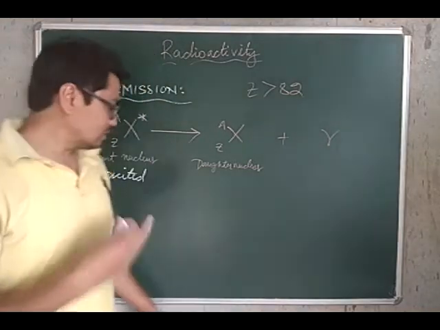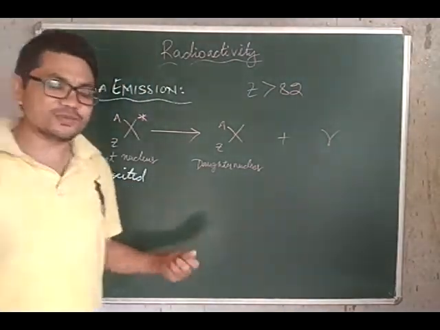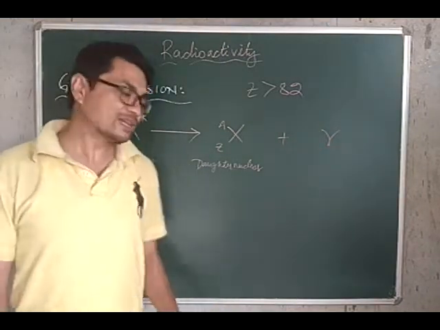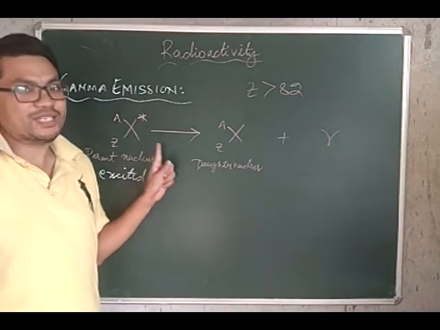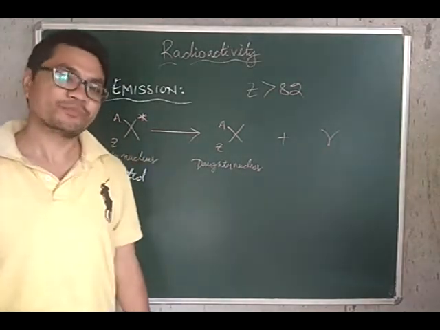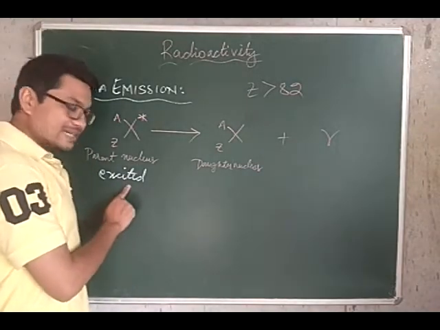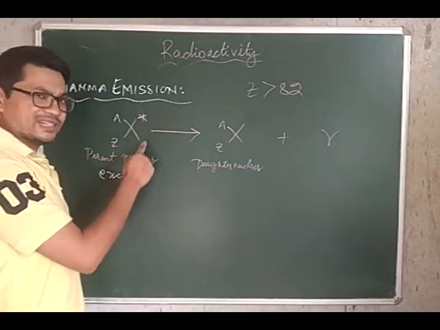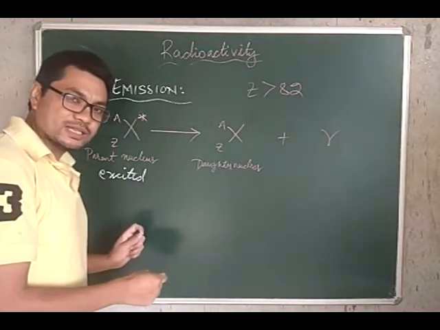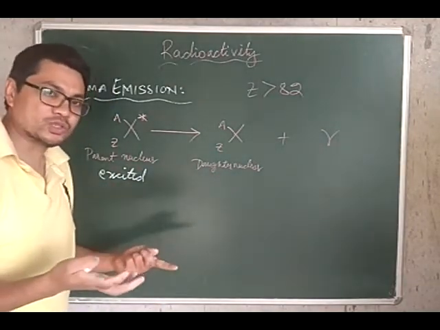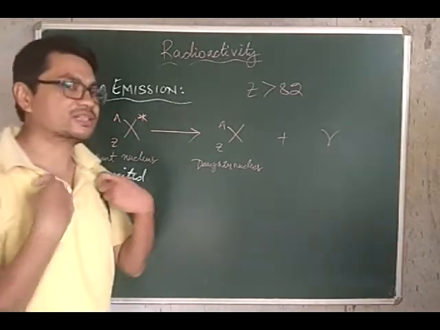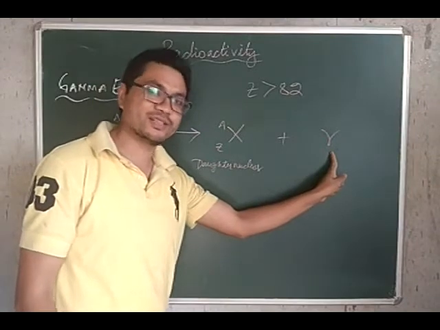Excited nucleus means, whenever we are excited, what happens? We are full of energy, we are pumped up. Likewise, we can have excited nuclei and excited atoms also. So this excited nucleus has a bit more energy than the daughter nucleus, and that extra energy the parent nucleus possesses, it gives out in the form of an electromagnetic ray.